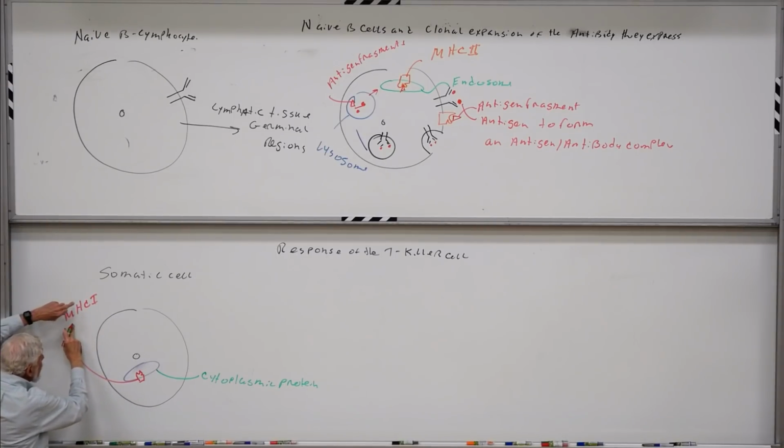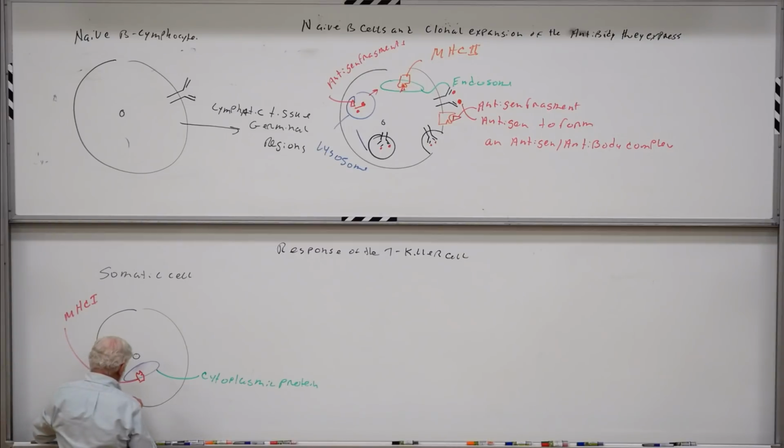Again, major histocompatibility class 1 proteins. All cells make these. And constantly what we're doing is we're taking fragments and putting them on these MHC1 proteins.